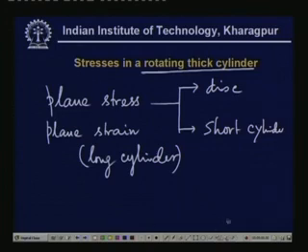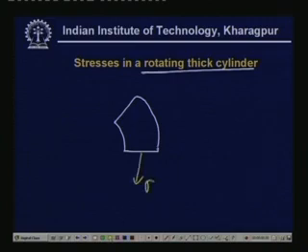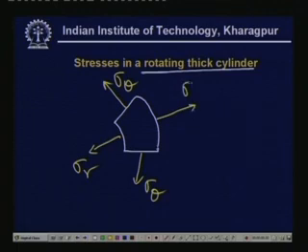Now if you consider again a very small element, as we have done for a thick cylinder, then it looks like again the same stresses, sigma theta, sigma r plus d sigma r.